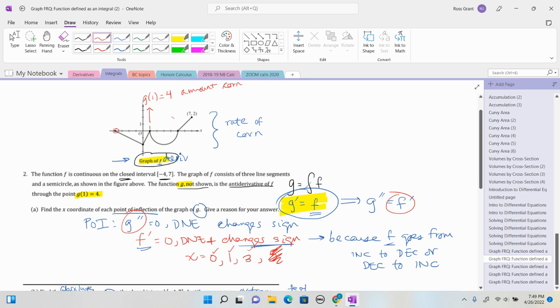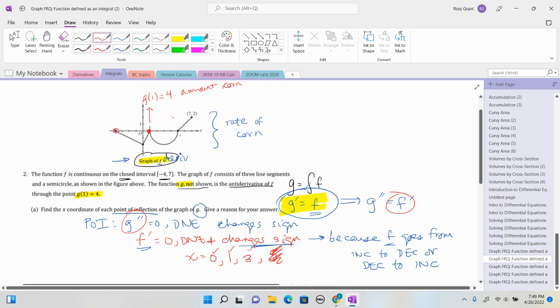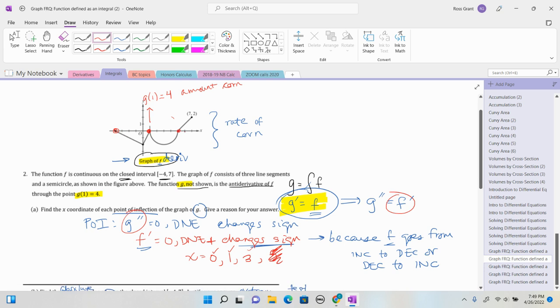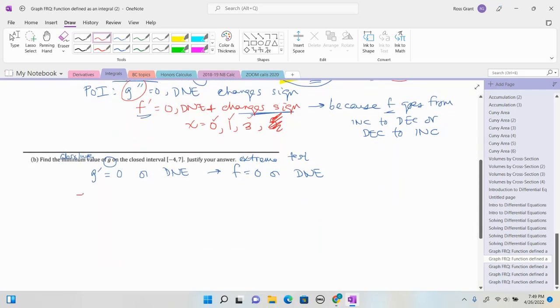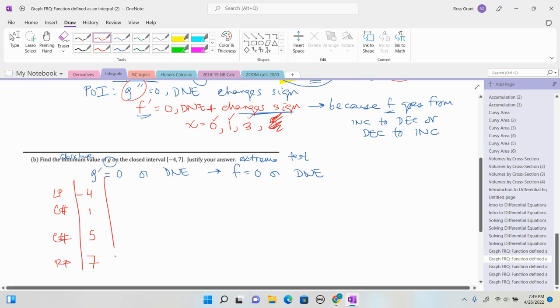Okay, so obviously at my left point, here at 1, my graph itself is 0. And at 5, my graph is 0, and I have to include my endpoint 7. So what is that again? Negative 4, 1, 5, and 7. So left point, critical numbers, right point. So get this table down.